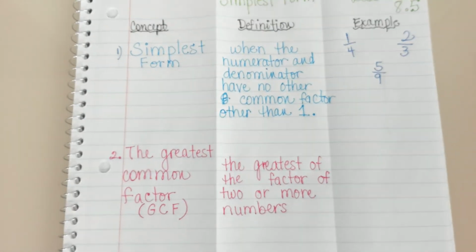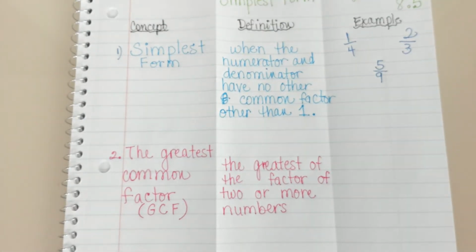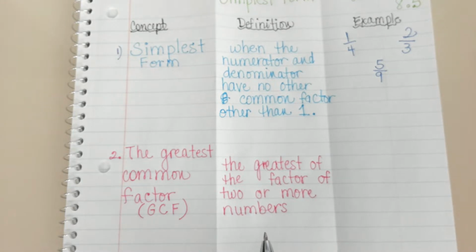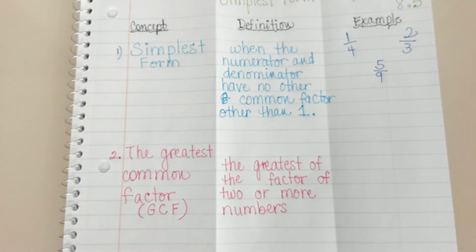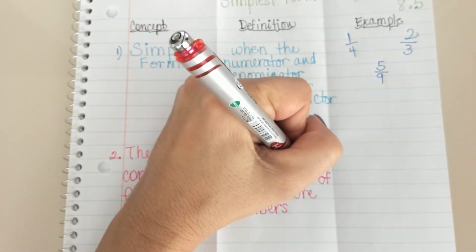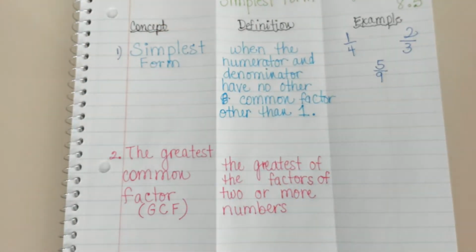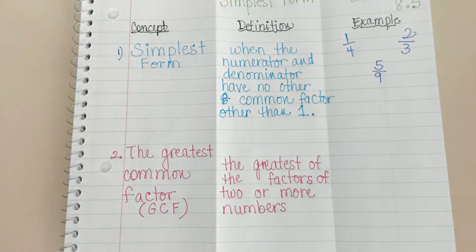The greatest common factor is the greatest of the factors of 2 or more numbers. Now let's bring it to life with an example.